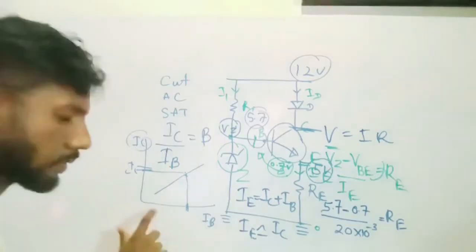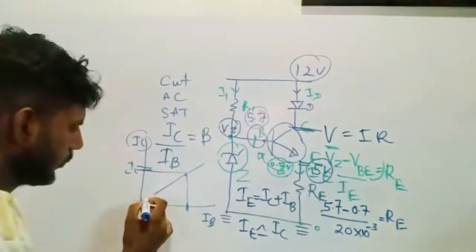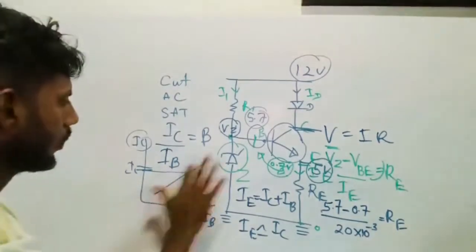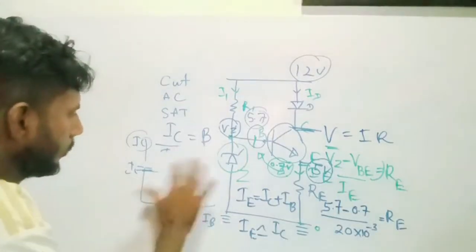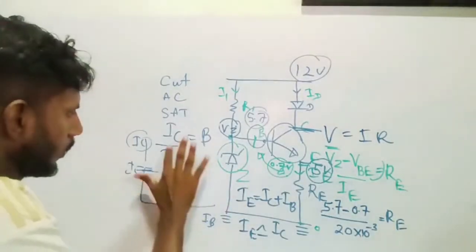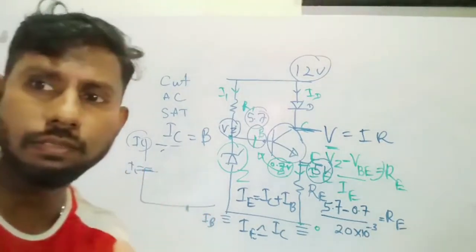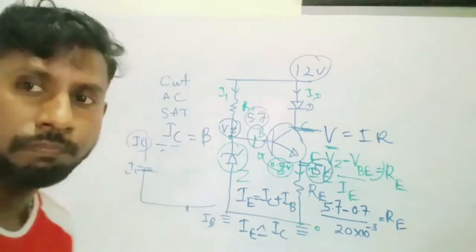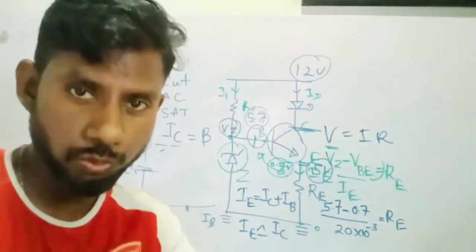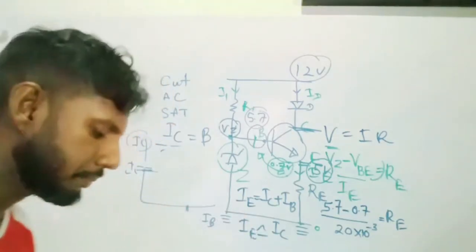So I'm going to use this graph here. I think I have to make a small adjustment. IB and IC, this is called the transfer characteristic curve. If you don't know these things, note it down, students. Go through your theory notes and check it again.